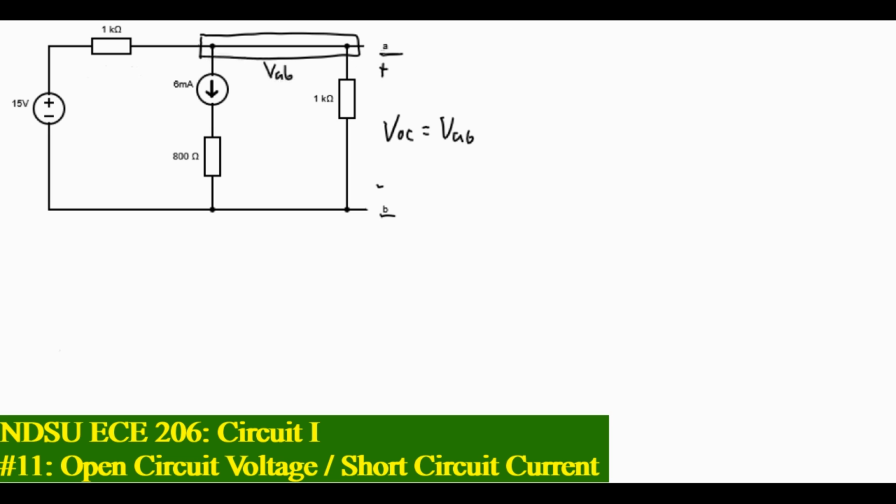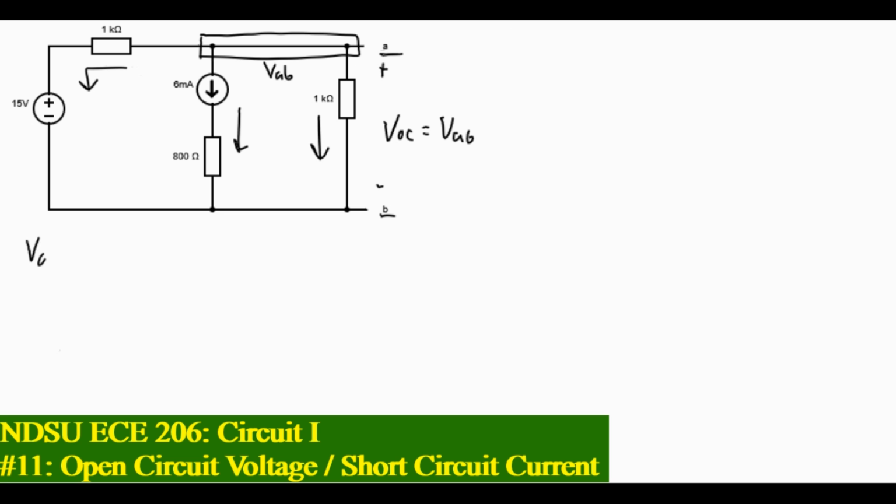VAB. It looks like KCL is going to be a pretty good option to solve for this voltage, so let's get to it. We're going to sum these currents out. Let's label that, that, and that. And let's write the equations for those.